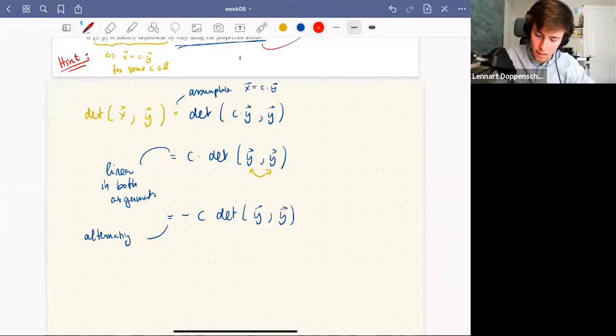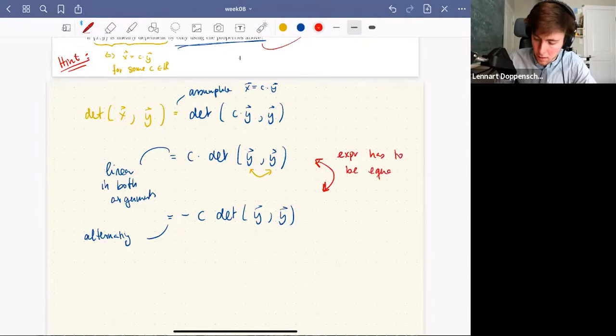So you can see that if two things are equal, this means that this expression has to be equal to a minus expression. I don't know if this is clear if I write this.